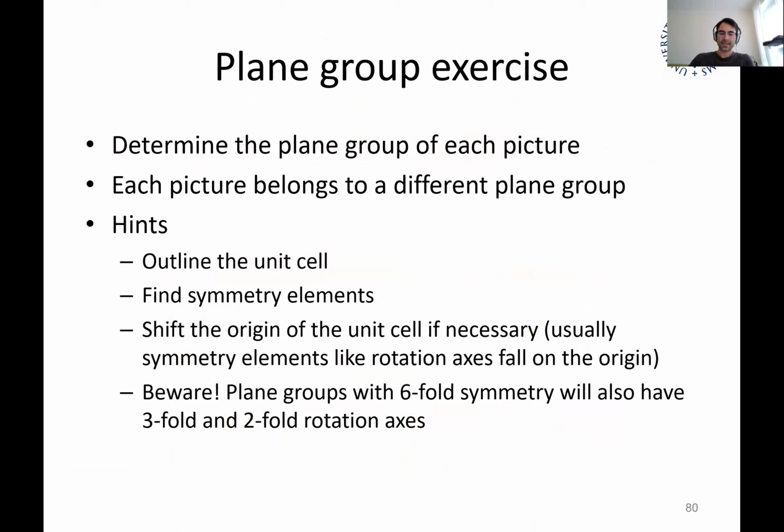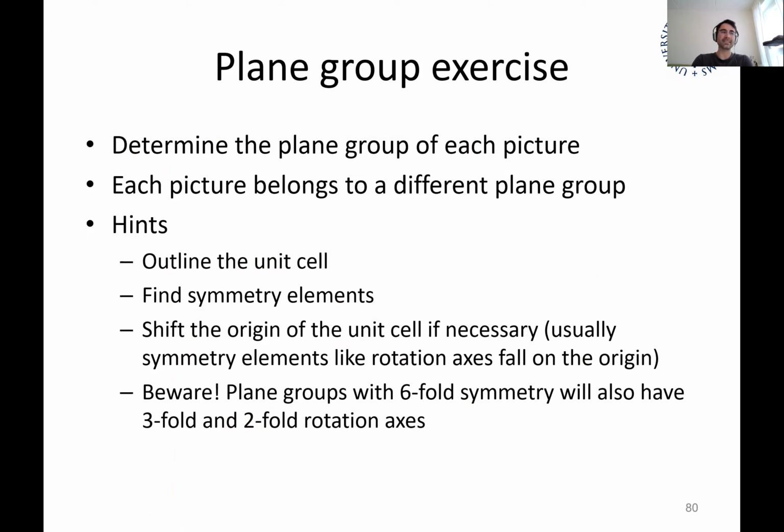Actually, in the shared box folder, I put in some slides that contain plane wallpaper. So the exercise is to find a unit cell and try to find the symmetry elements. I think this works a lot better in the classroom because people can work together in groups and discuss things.